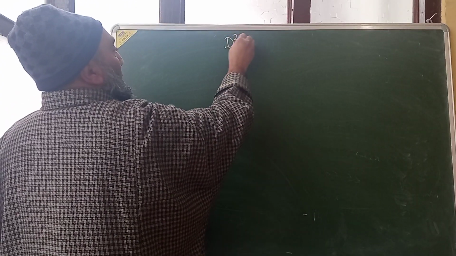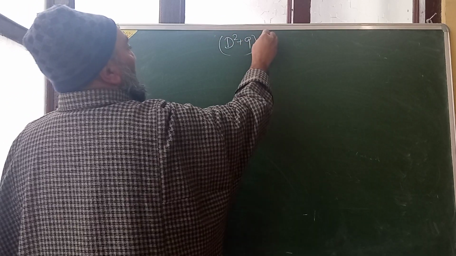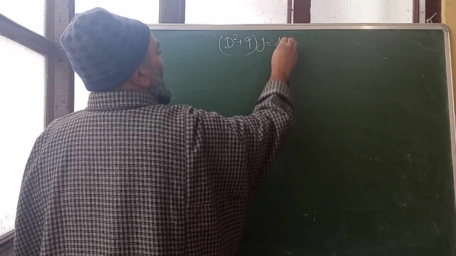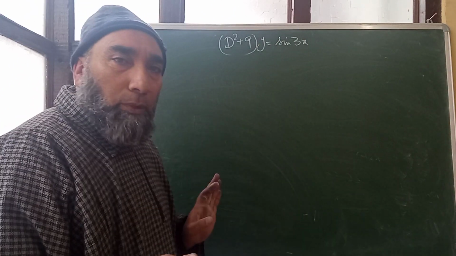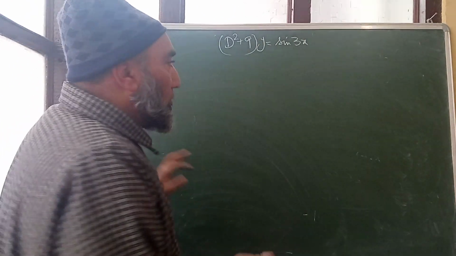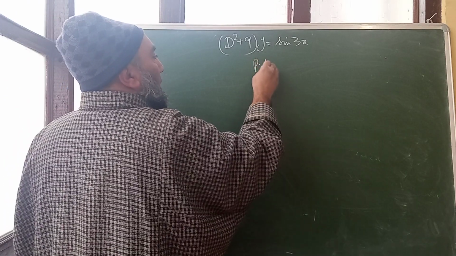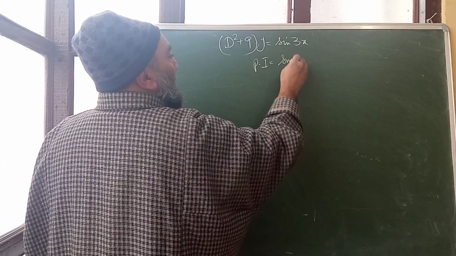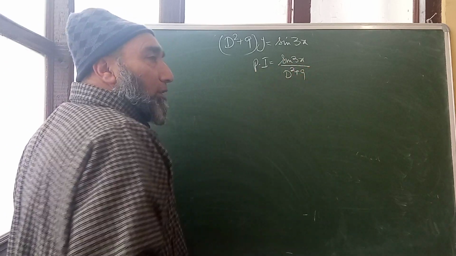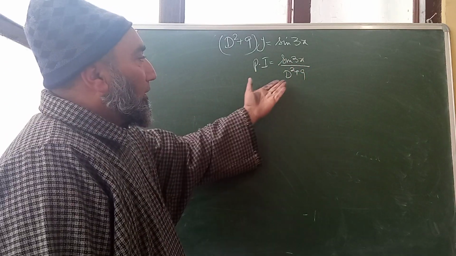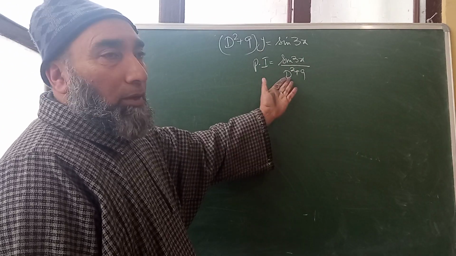D square plus 9 operating on y equals sine 3x. Again, I will not be discussing the complementary function. I will directly go to the particular integral. Particular integral is sine 3x upon D square plus 9. You see, this is a case of failure, right? D square is to be replaced by minus a square.